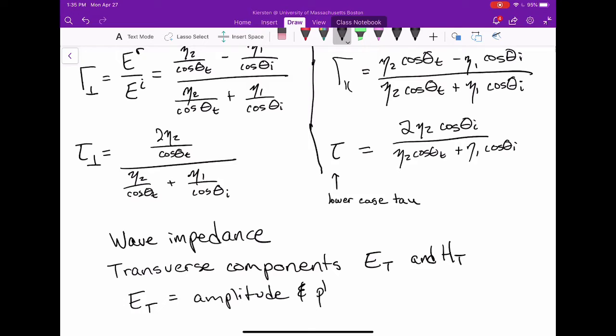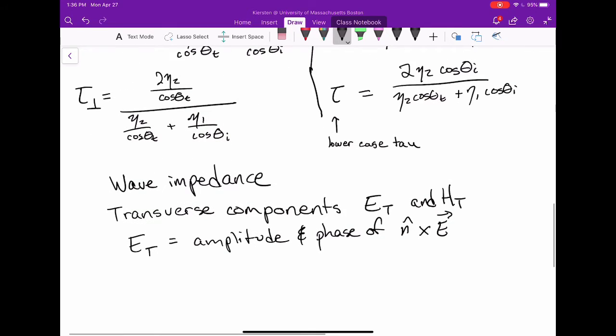and the phase of n hat cross, well, just E. That gets you the tangential component of that vector. HT is the same.